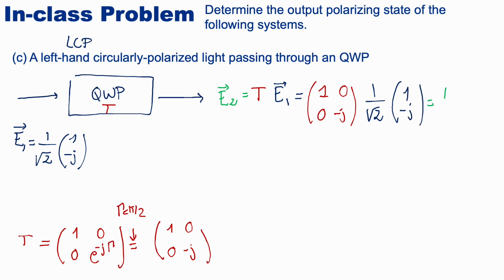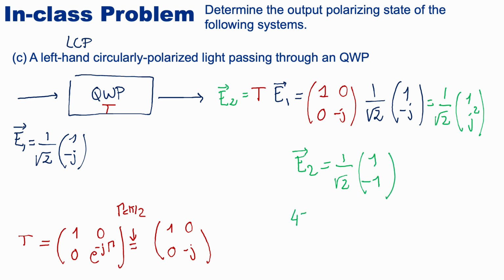So our output is going to be 1 over square root of 2 times 1 j squared, but j squared is minus 1. So here we have linear light oriented at minus 45 degrees.